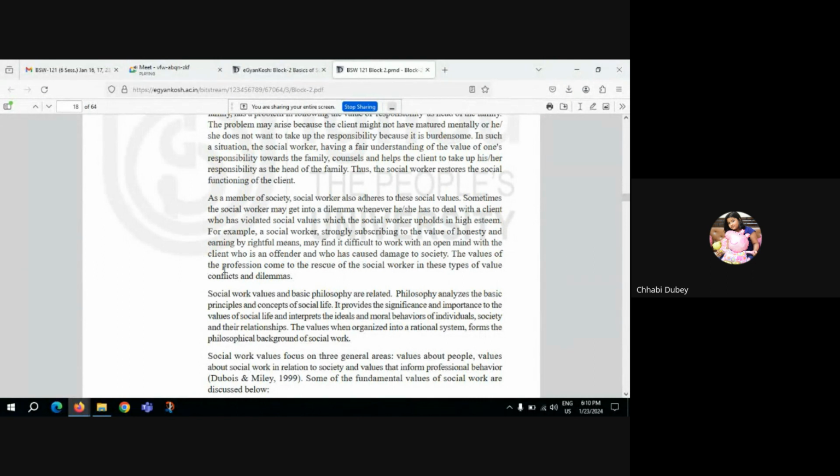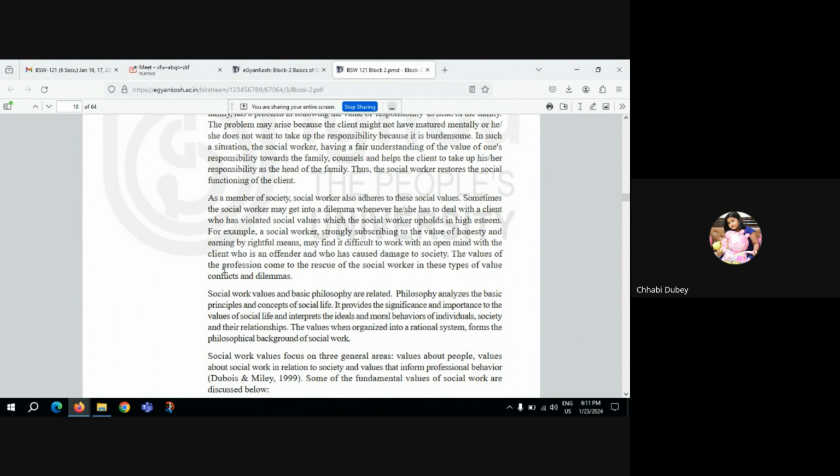Also, social work values and basic philosophy are related to each other. Philosophy analyzes the basic principles and concepts of social life, and it gives significant importance to the values of social life. When these values are organized into a rational system, they form the philosophical background of social work.